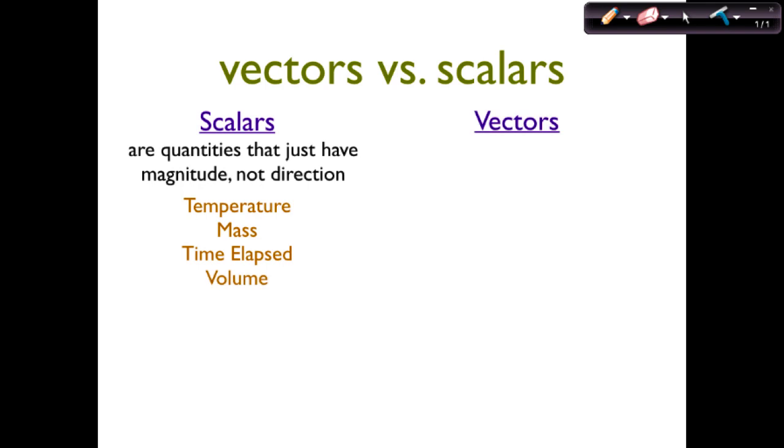There are more, okay? Vectors have amounts, they have magnitude, but then they have an associated direction: up, down, right, left, some direction in space. What are some examples of vector quantities? Velocity, right? Velocity is not only how fast, but in what direction.